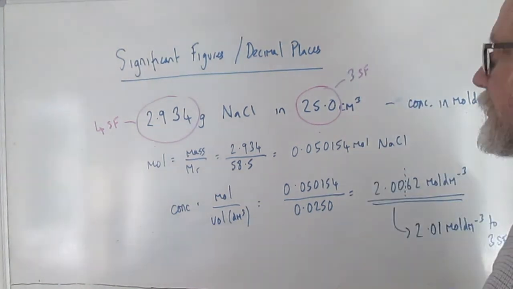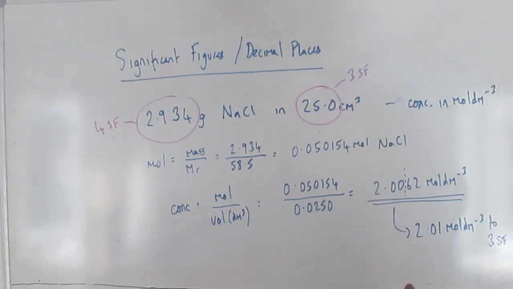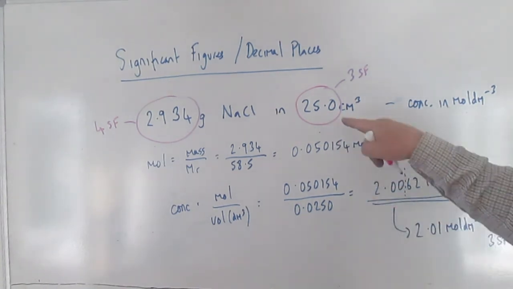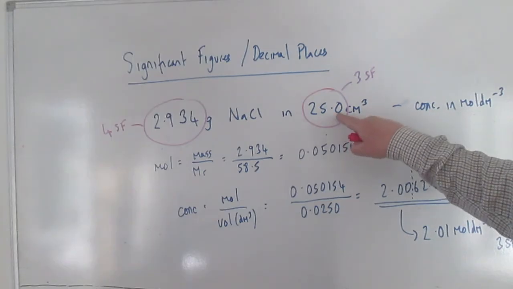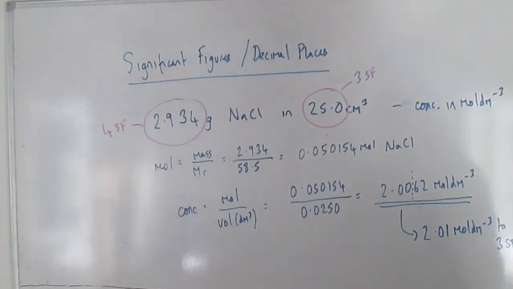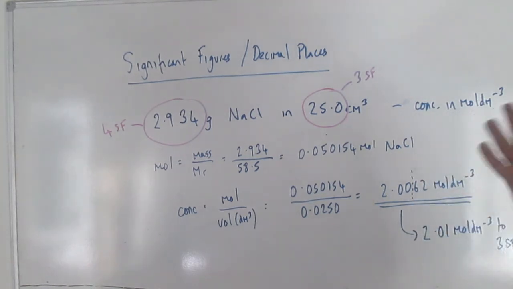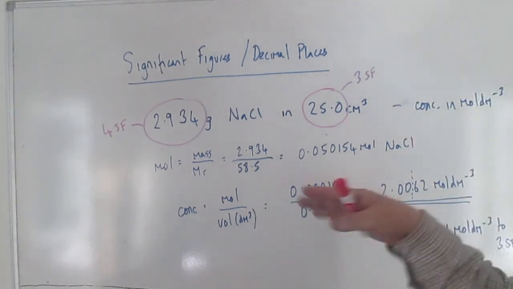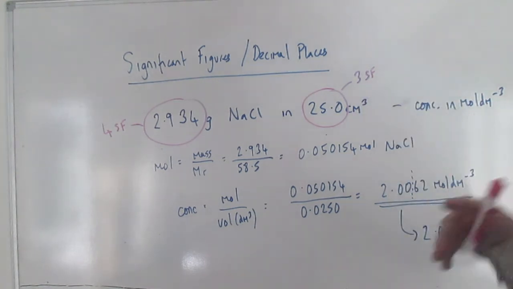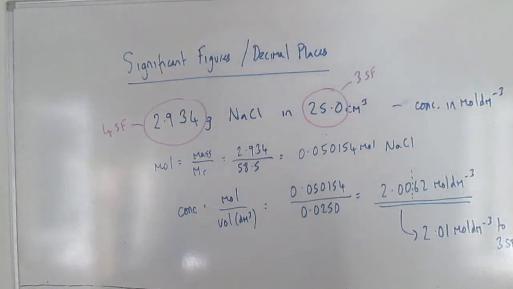That's why it says 25.0. If it had just said 25, you'd have had to say 2 significant figures. But because it says 25.0, you know it's 3 significant figures. That's why those point zeros are important, because they tell you about the precision to which you know the number, and you need that when you're working out how precisely you can quote the numbers that you calculate from it.